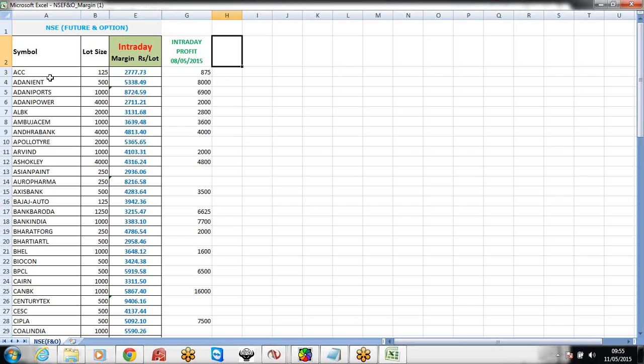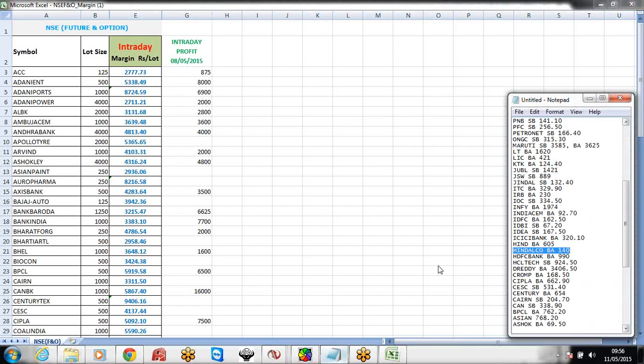So these are the intraday margins that you require in case you want to trade with us, and these are the profits that we had on Friday. You can just see what your margin requirement is here. For Adani Enterprises, it's around 5,300 rupees odd. So you can just check the profits.